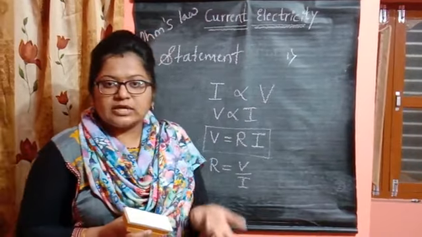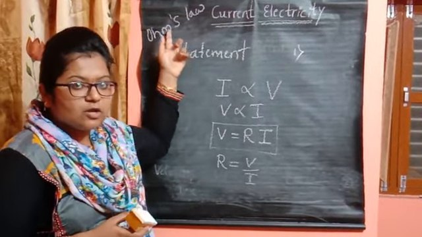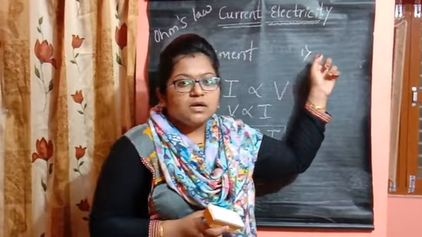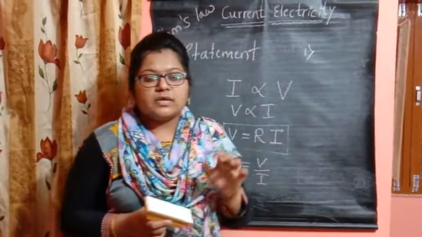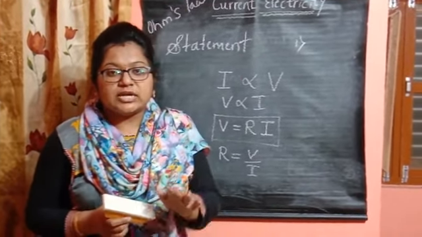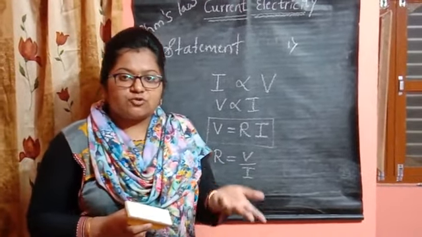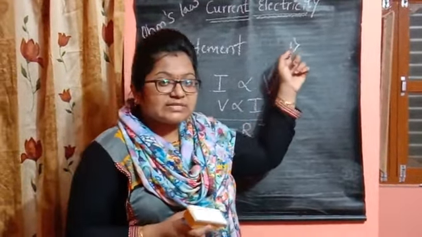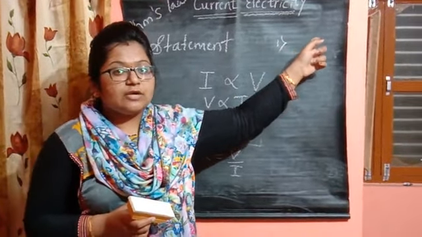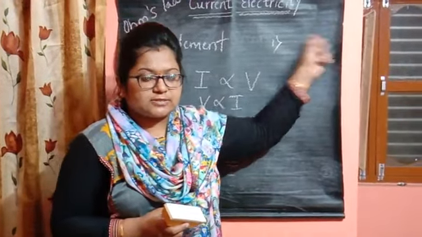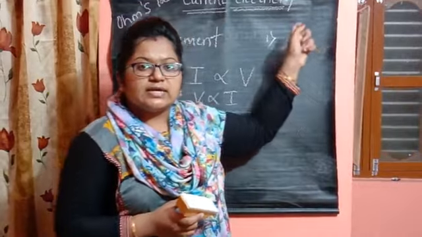In conductors only current can flow, so when there is a current, then only Ohm's law applies. When we think of conductors, we think more about metals. So the first limitation is that Ohm's law is applicable only for metallic conductors.